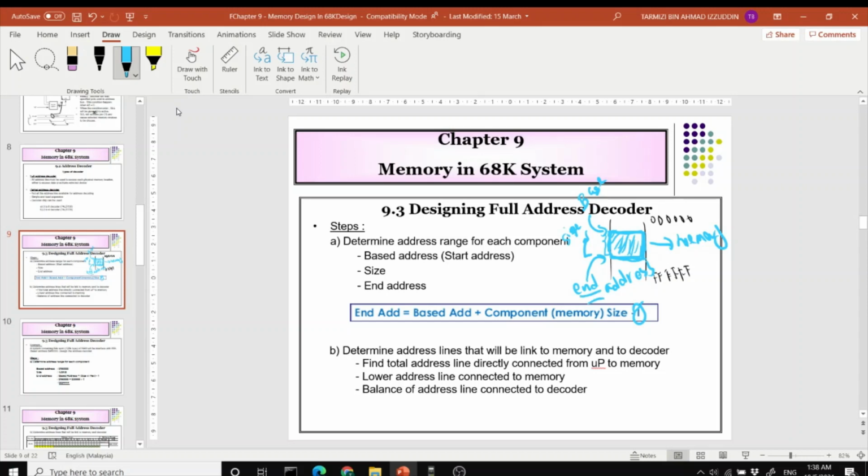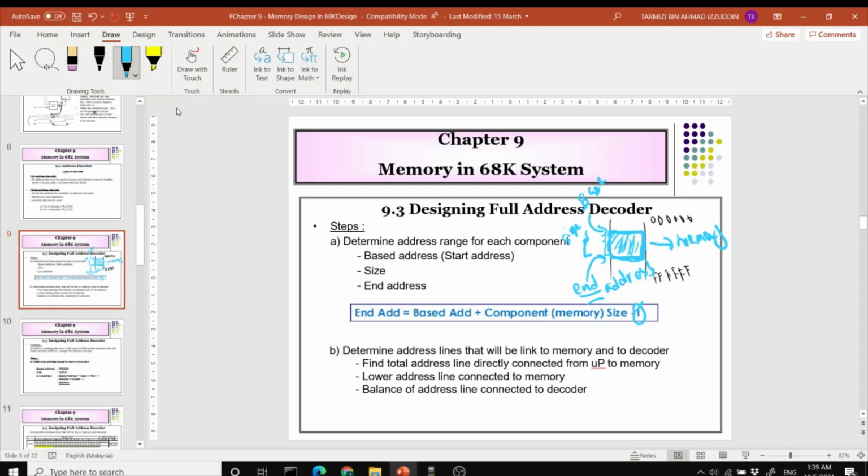So whenever you want to design, you always need to start with determining the address range for each of the components that are connected to your 68K. And then next, the second step, you need to determine all of the address lines that will be linked to memory and the decoder.